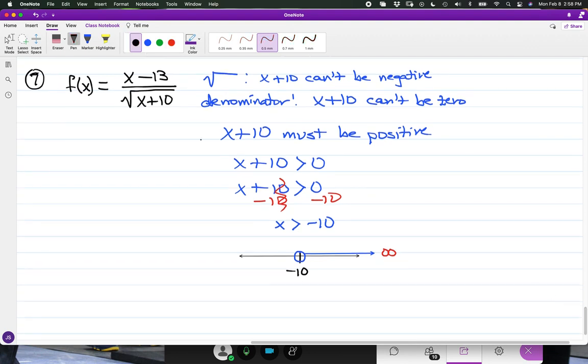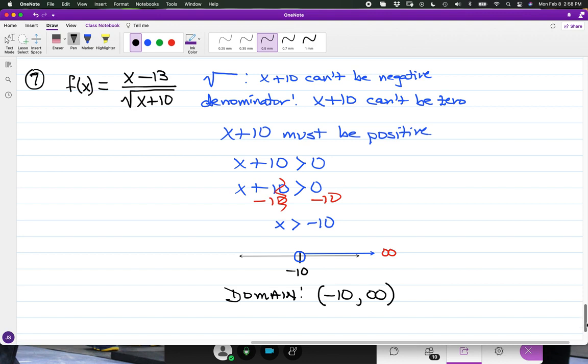So for the domain of this particular function, we have the set of all values of x greater than negative 10, so we have a parenthesis around negative 10, and we have approaching infinity. And again, infinities are boundless, so the interval solution for the domain consists of only parentheses.